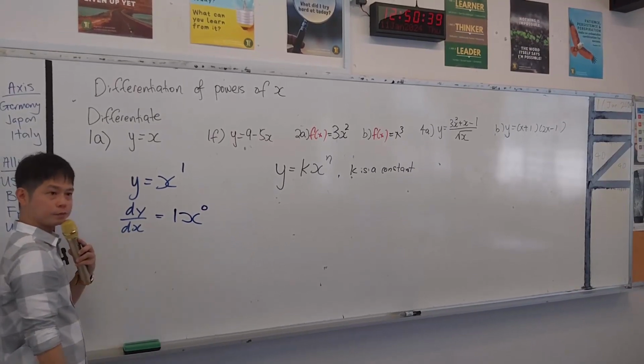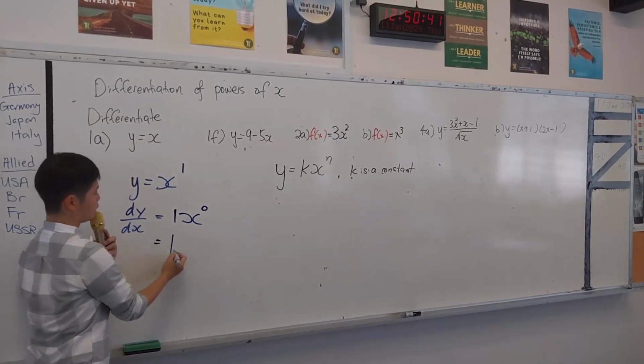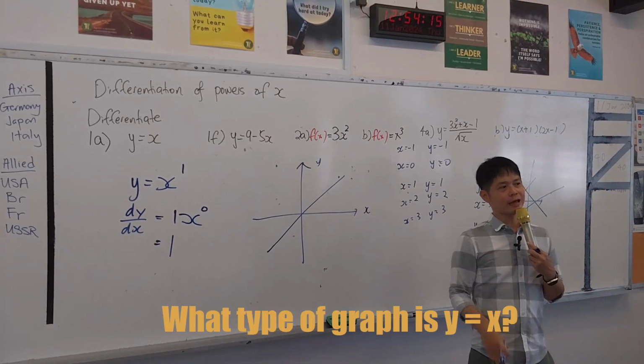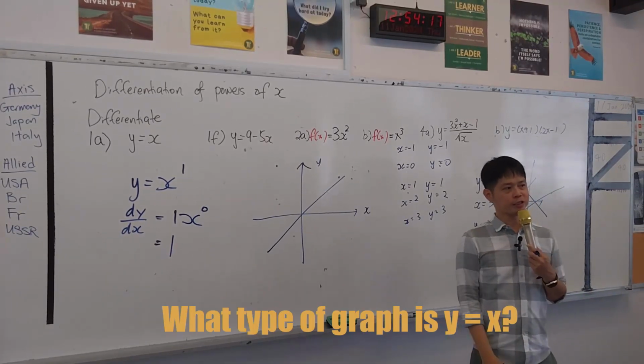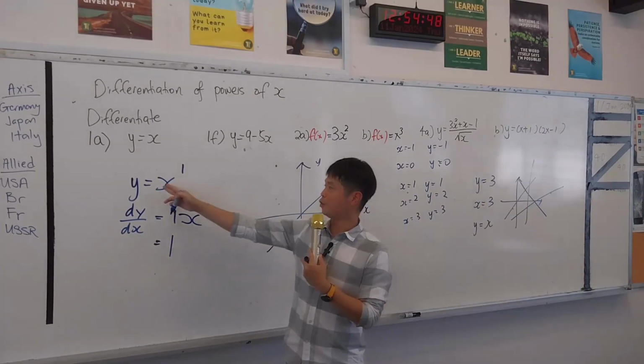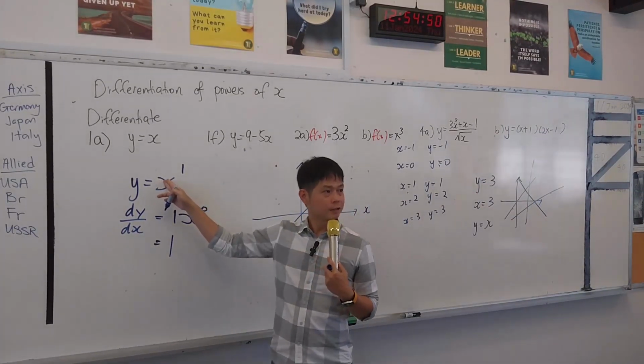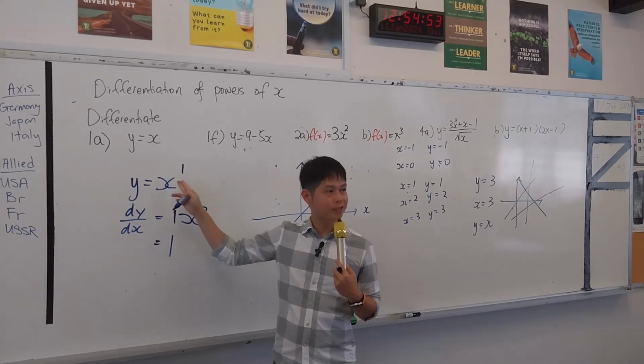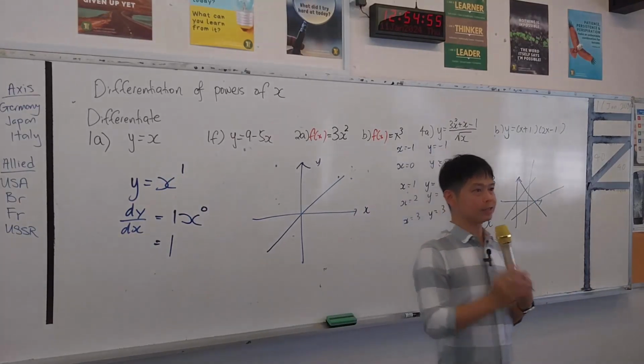What is x power 0? It's actually just 1. It is a diagonal line that passes through the origin at 45 degrees with respect to the x-axis, because the coefficient of x is 1. So the gradient is 1.